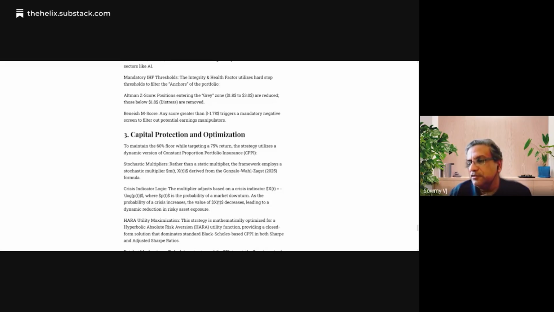The concept is called constant proportion portfolio insurance. So between these two poles, the conviction pole and the defensive pole, as you reach a certain value, you then scale up or scale down the risk.